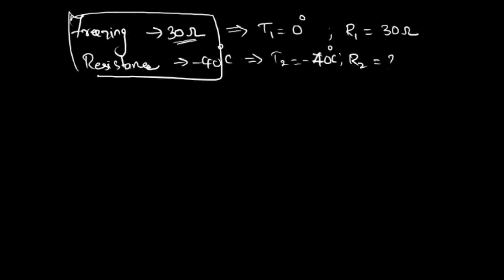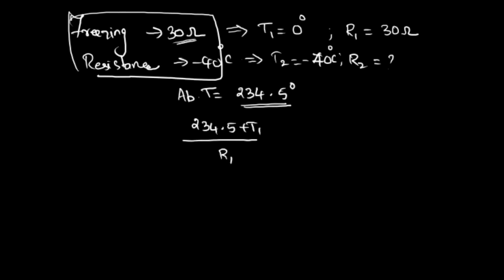Now we know the relationship. The absolute temperature of copper is 234.5 degrees. We should remember this number. So the relationship will be (234.5 plus T1) divided by R1 will be equal to (234.5 plus T2) divided by R2.